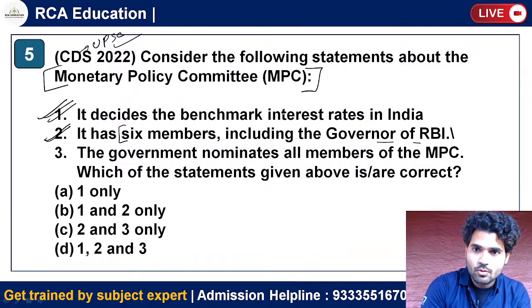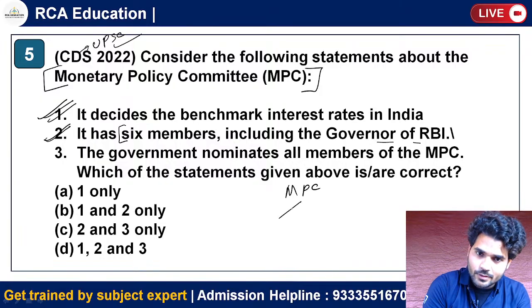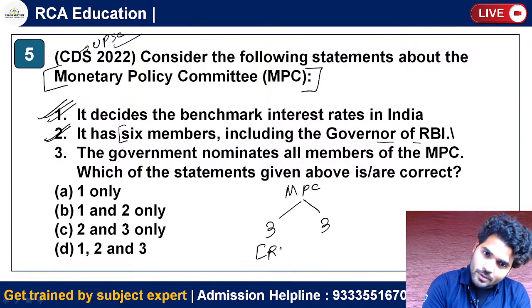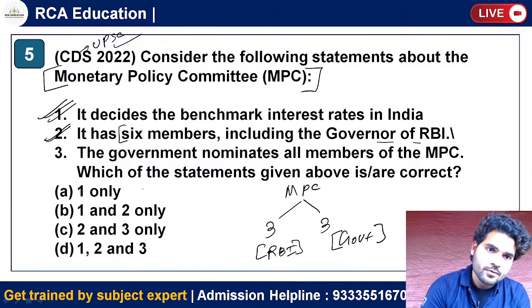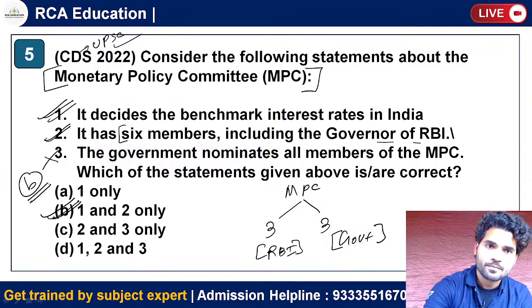No. In this monetary policy committee we have 6 members, 3 and 3. 3 members are part of RBI and 3 members are part of the government. So option 3 is incorrect. 1 and 2 are correct. So the answer is option B.